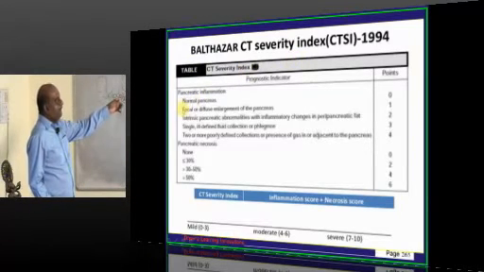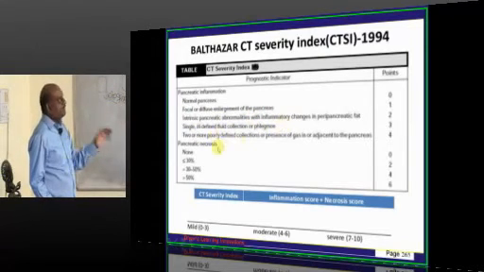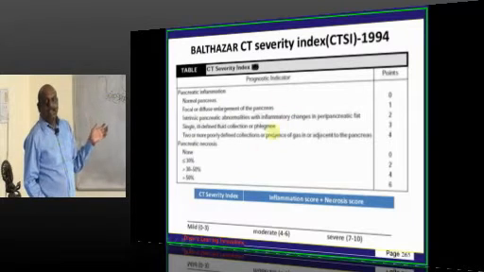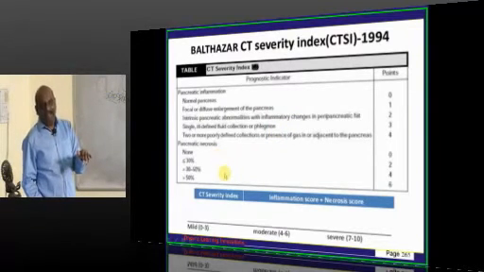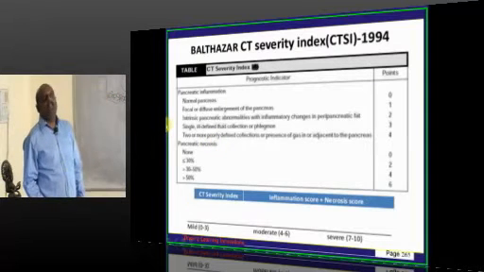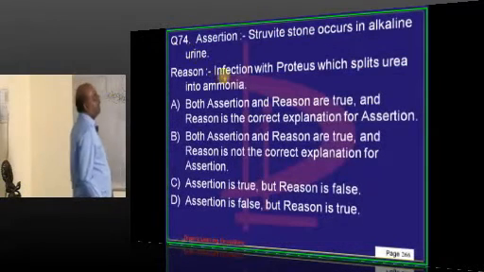So you will look whether there is an enlargement or necrosis, कितना necrosis है, pancreas के आजू बाजू में fluid है क्या, ये सब देख के severity of the pancreatitis को decide करते हैं. उसका index होता है Balthazar severity index, CT severity index in acute pancreatitis is what you need to remember.